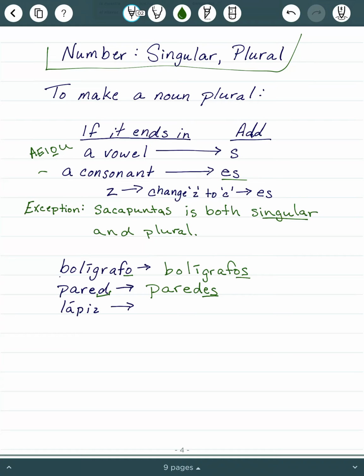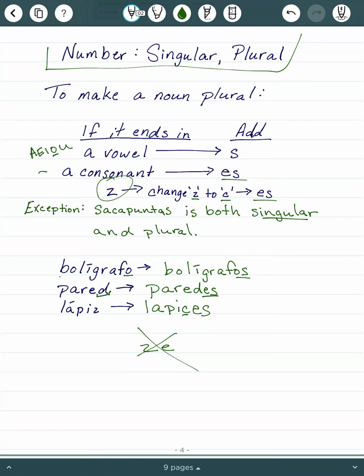Now there is one special consonant, the letter Z. If a word ends in Z, in Spanish we just do not like ZE for some reason. We don't like it. So anytime that would happen, we're going to change the Z to a C and then add ES. So change that Z to C and then add our ES there because that is a consonant.